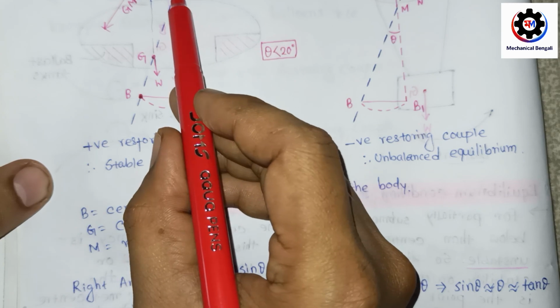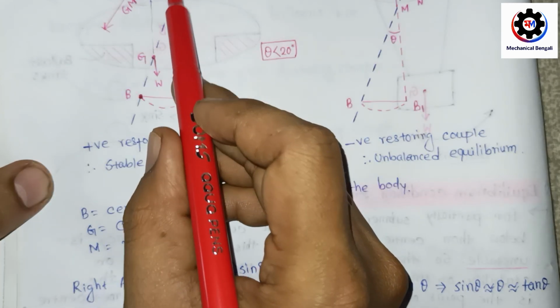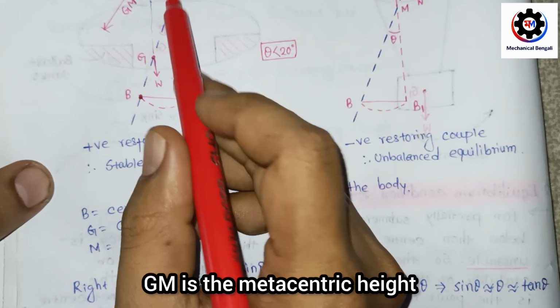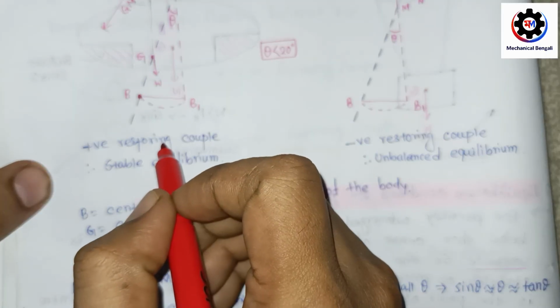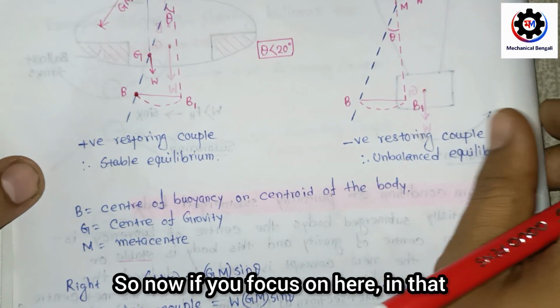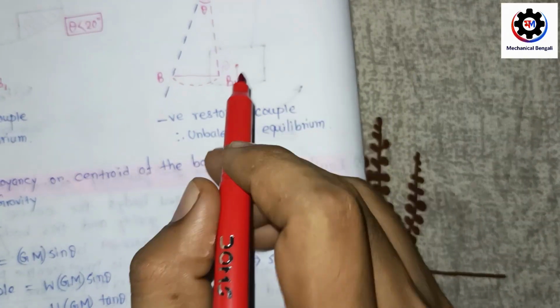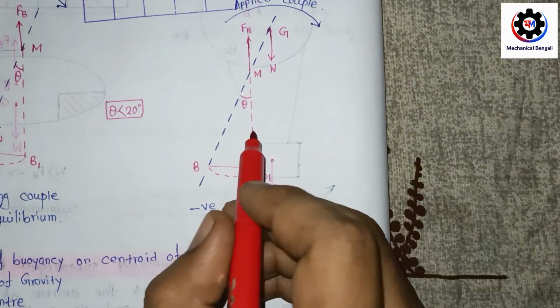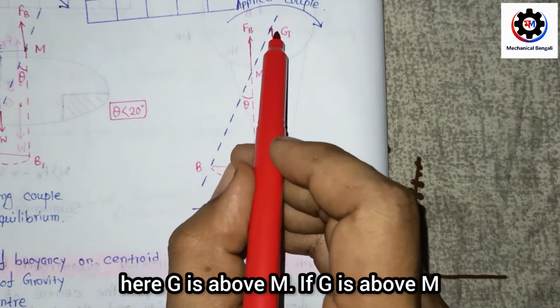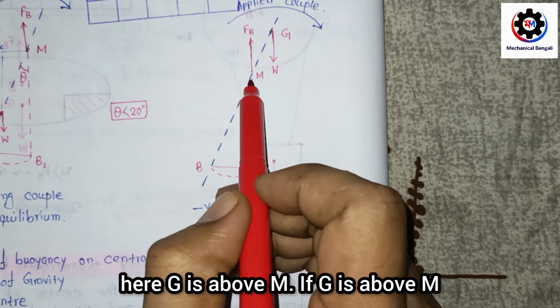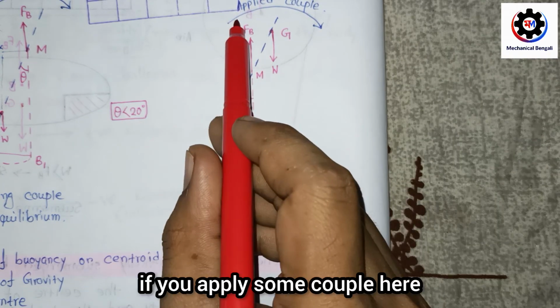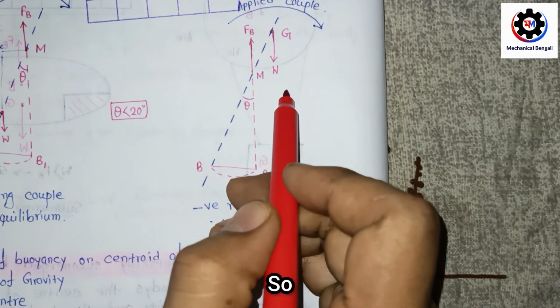Here GM is the metacentric height, G to M. Now focus on the case where G is above M. What will happen if you apply some couple here?